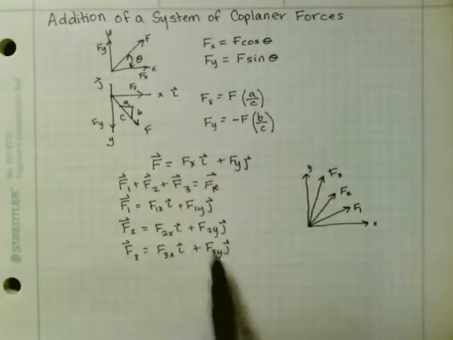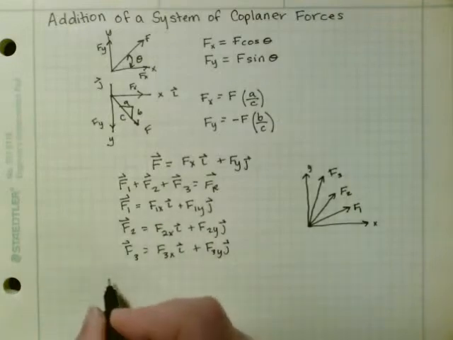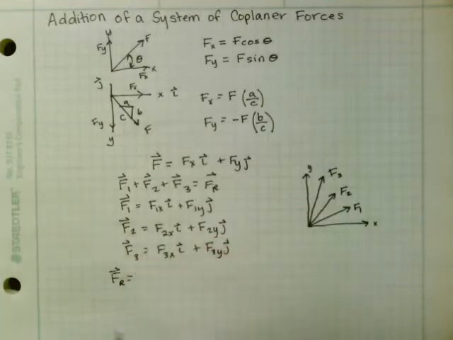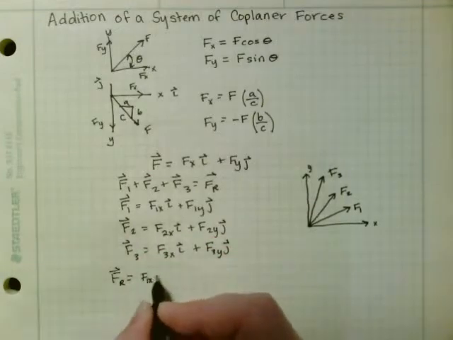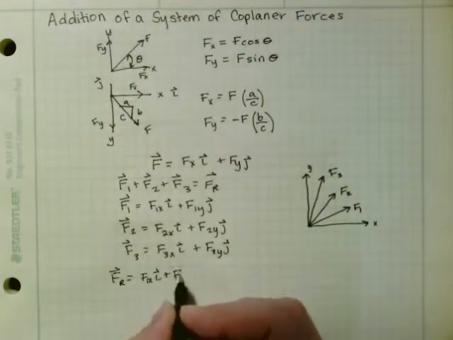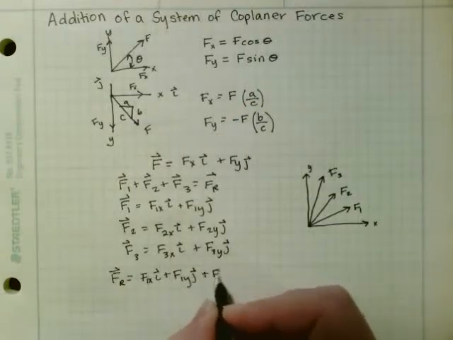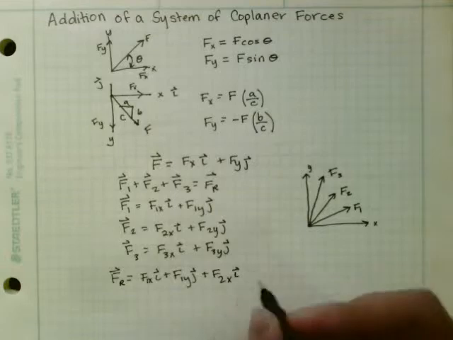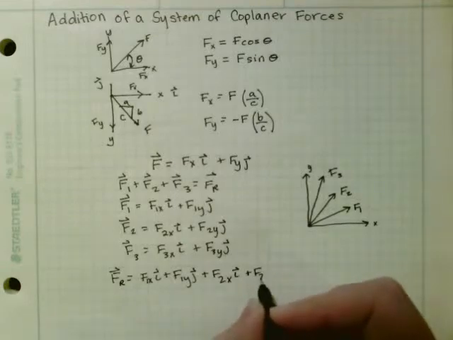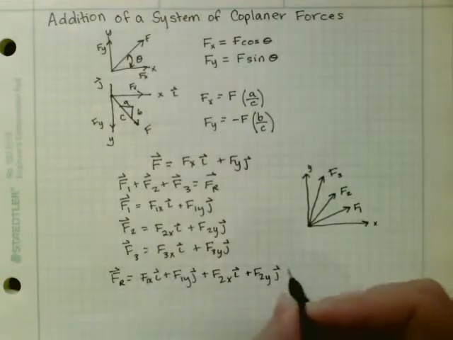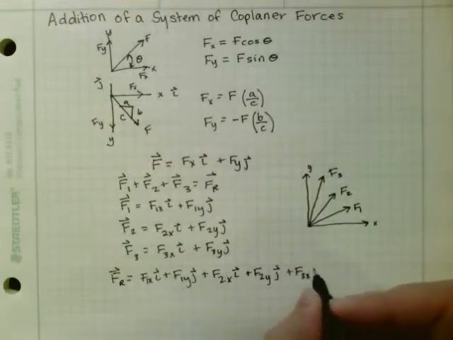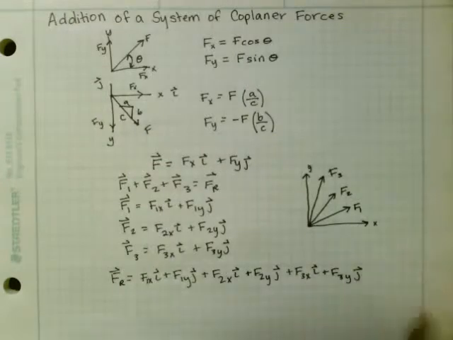So now if we want to add all these together, our FR would be equal to the components of each one of these. So F1x i plus F1y j plus F2x i plus F2y j plus F3x i plus F3y j.